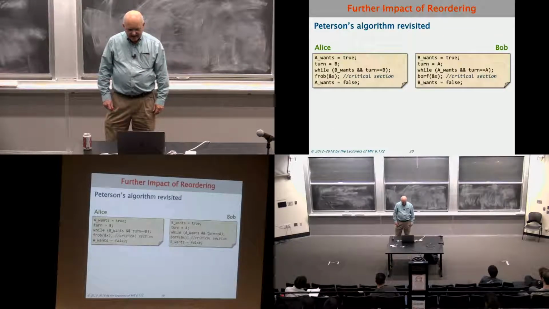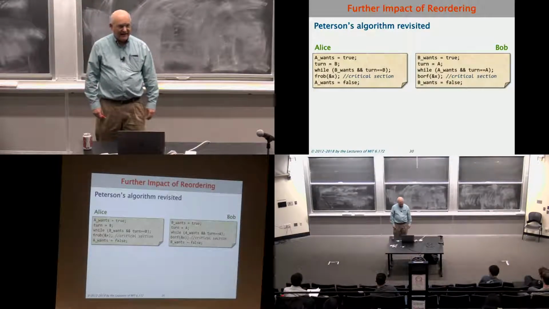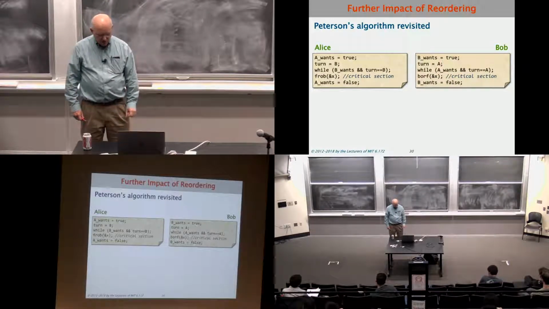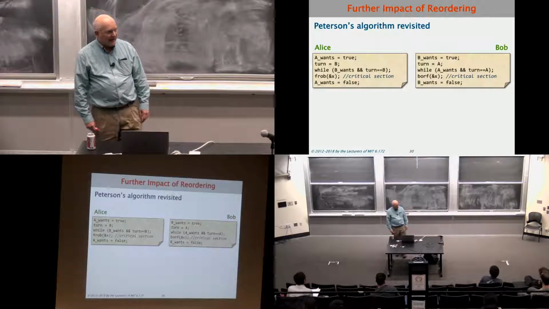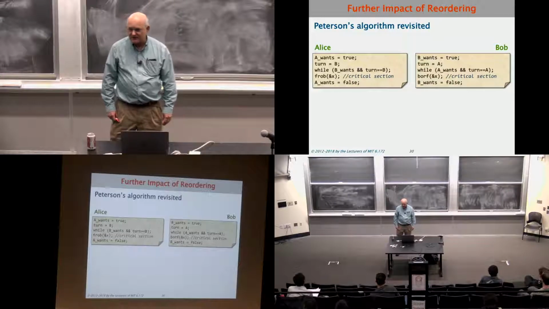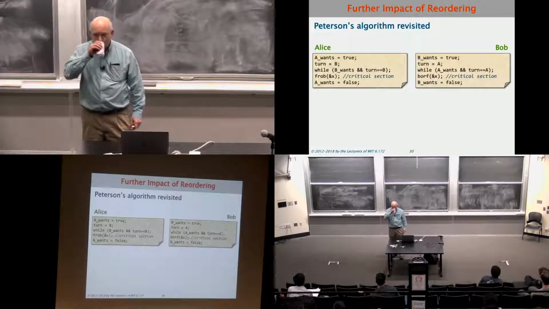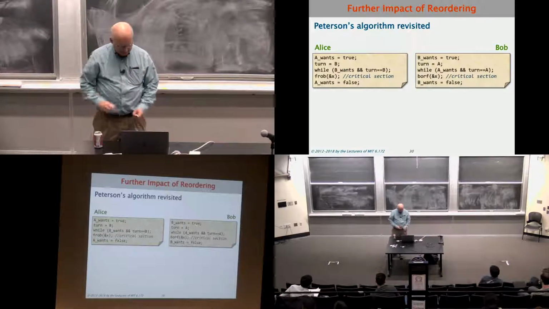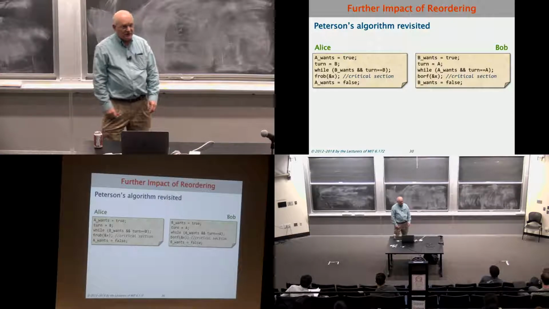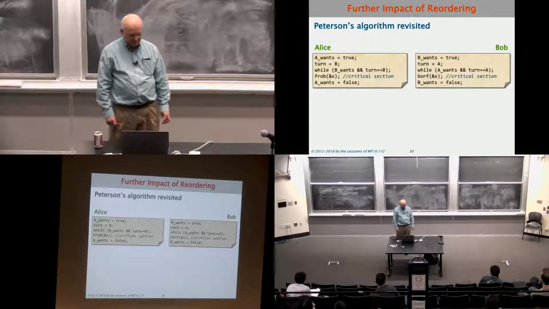Now let's go back and look at Peterson's algorithm, and what can go wrong with it. What reordering might happen here that would completely screw up Peterson's algorithm? Hint: we're looking for a load that might happen before a store.